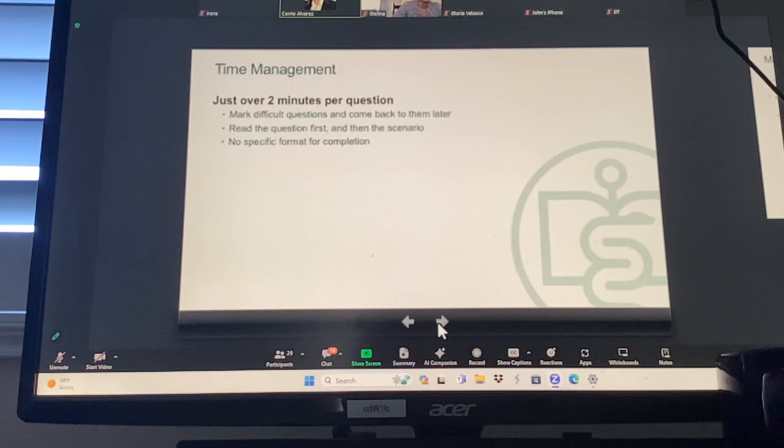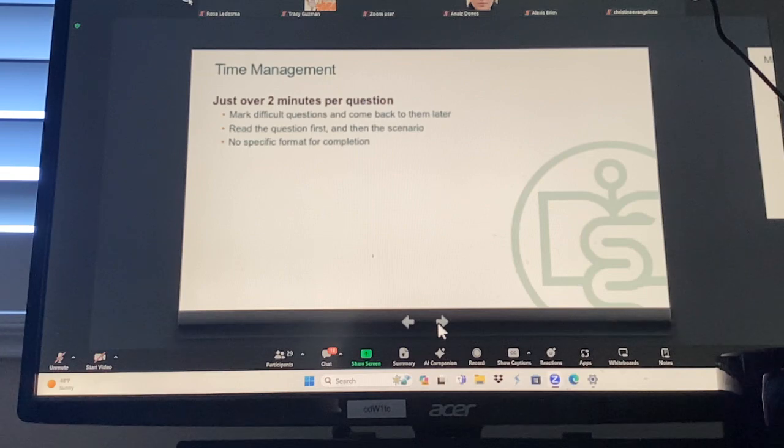You have only 2 minutes per question, and so the suggestion is to mark the difficult questions and come back to them later. Either in your booklet, you put a little flag there for the ones that you want to go back to if you have time. And then there's no set way that you need to take the exam.